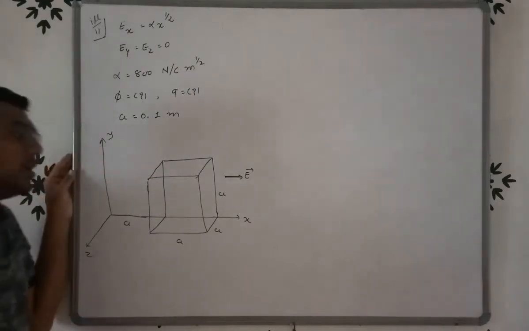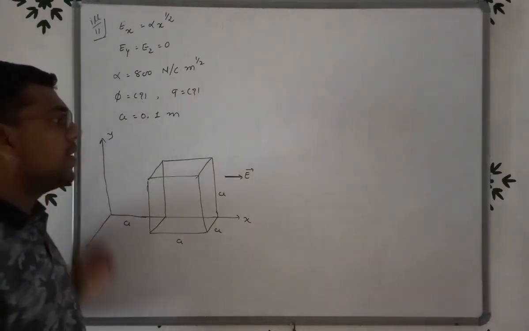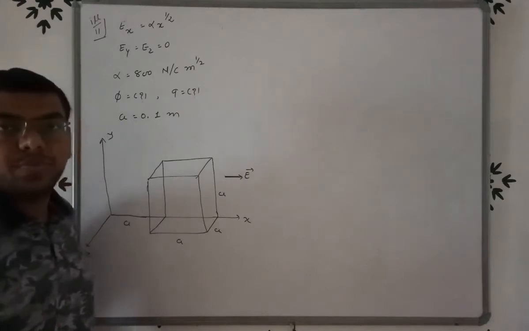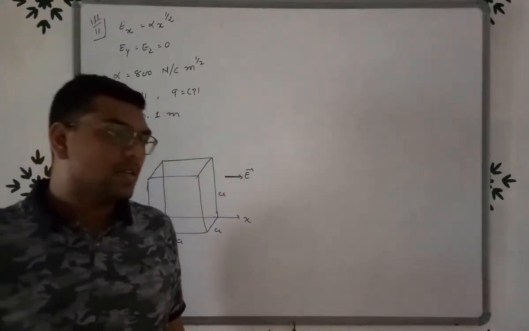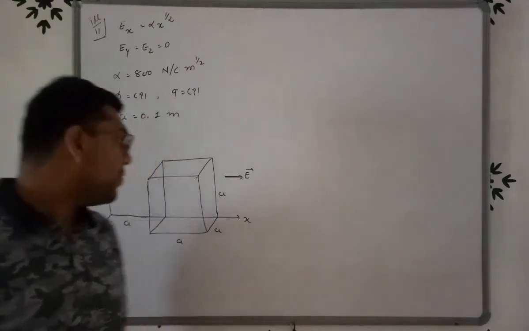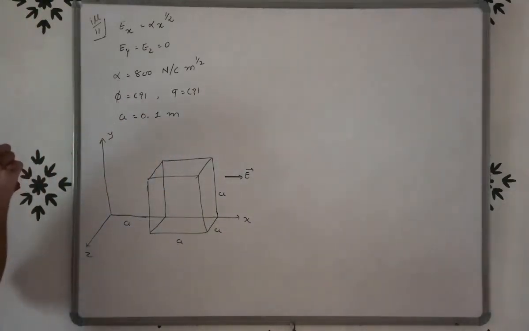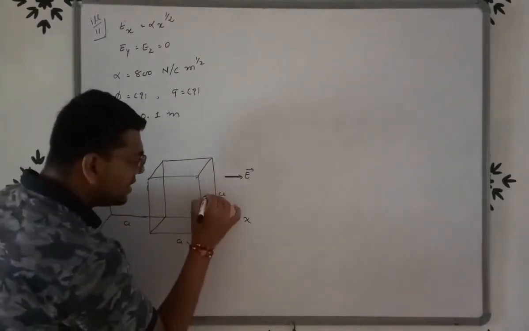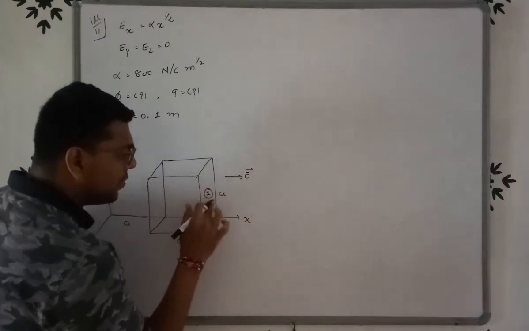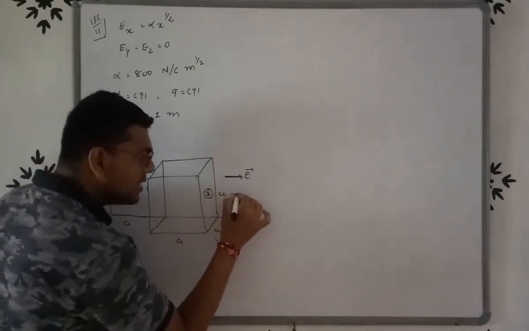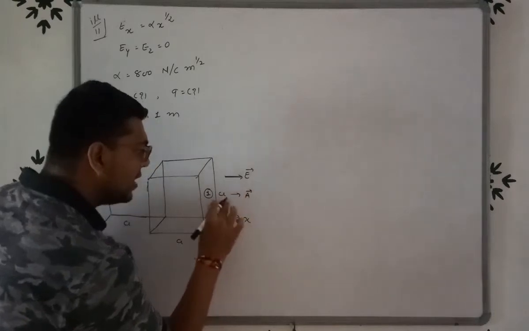Now we know that flux phi is equal to EA cos theta. Right. So first of all, we have to define the direction of the area vector. Now see, for this surface, the first surface, surface number 1, the area vector is in the outward direction, right?